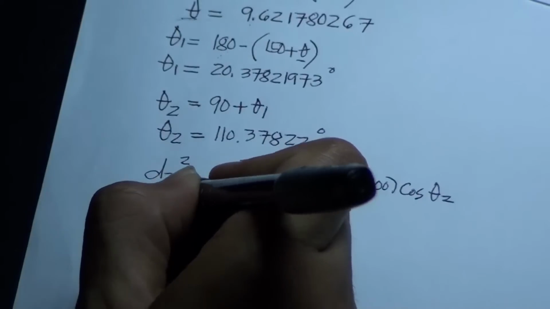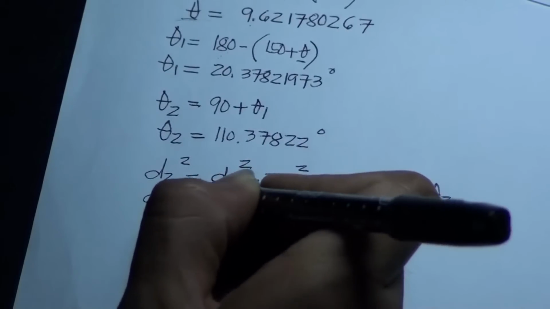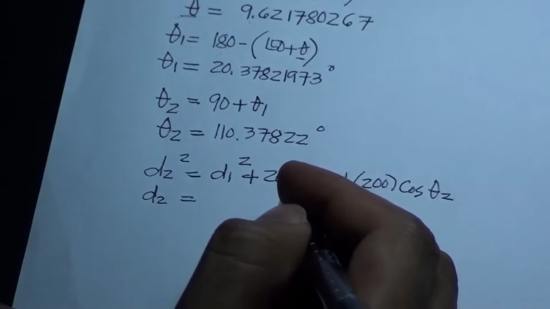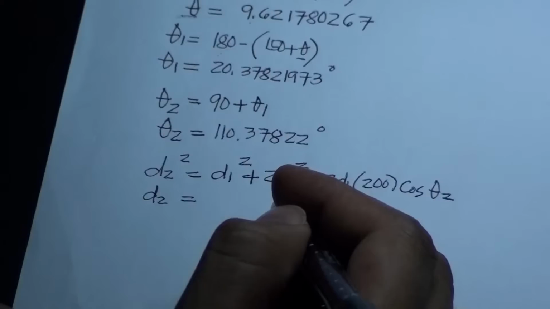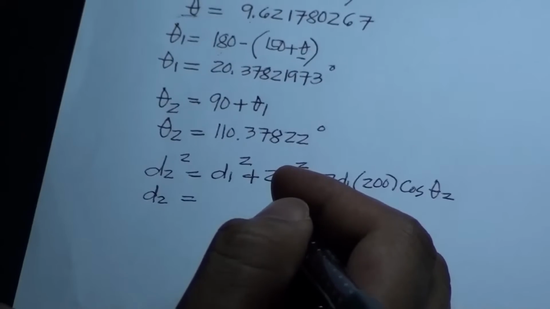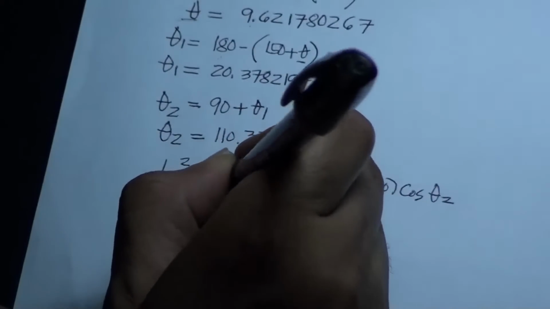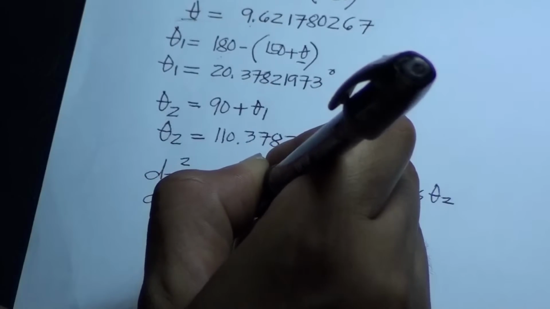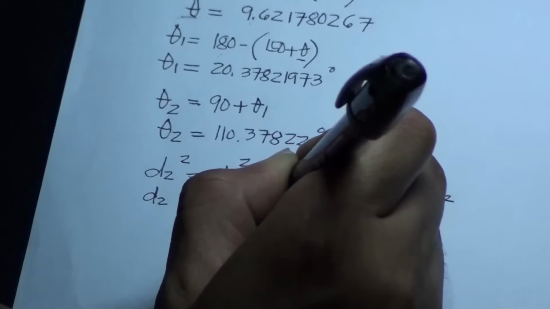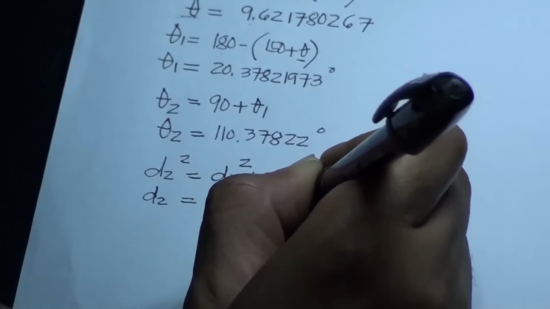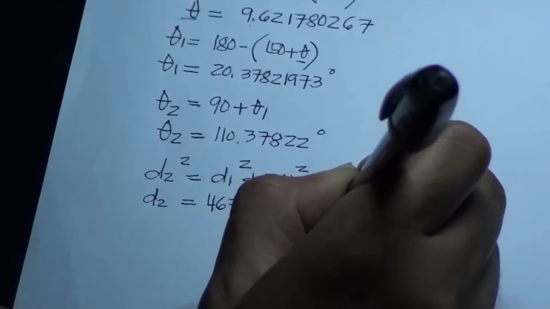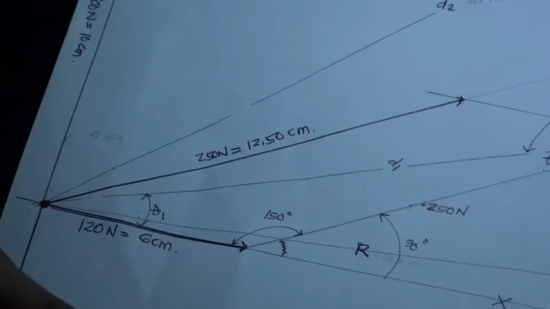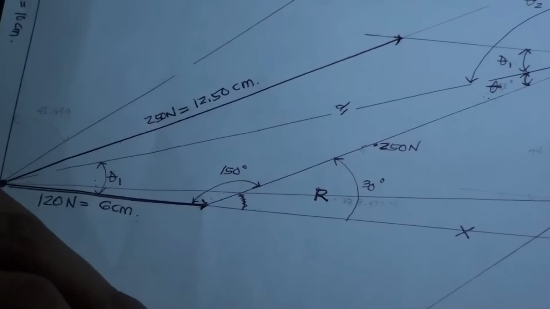So you will have then your d sub 2 equivalent to how much? 358. So we have 467.826383. That's Newton.